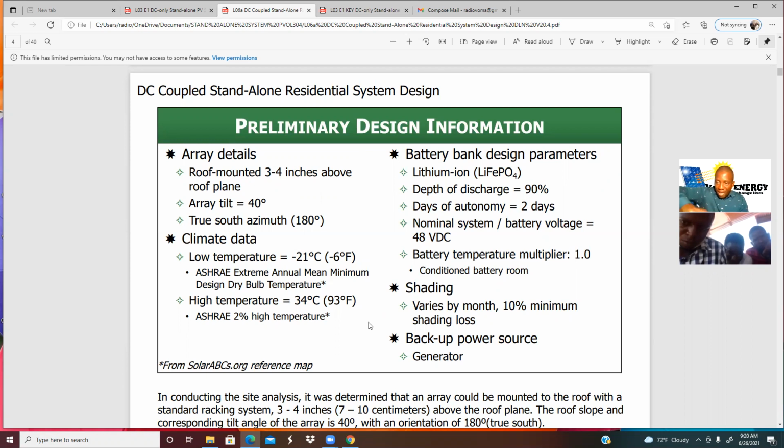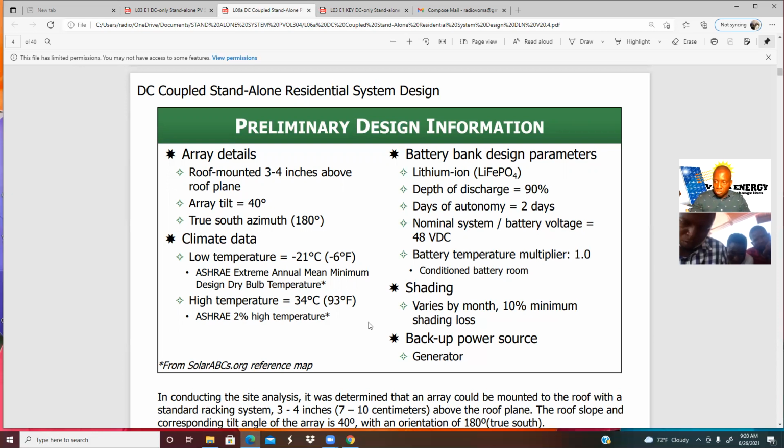So you can't put a panel over there because you can't even get a 40 degree or a 30 degree or a 20 degree angle. So when it comes to roof mounting, you have to be careful about the tilt of the roof, because that affects how much ray touches the panels. You have to understand all of that.